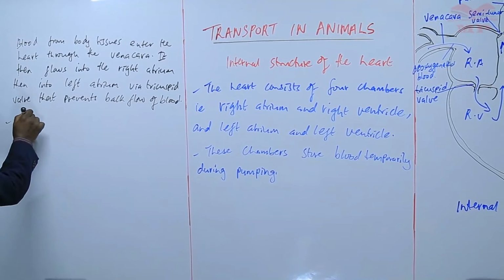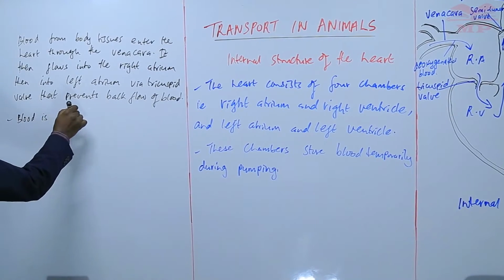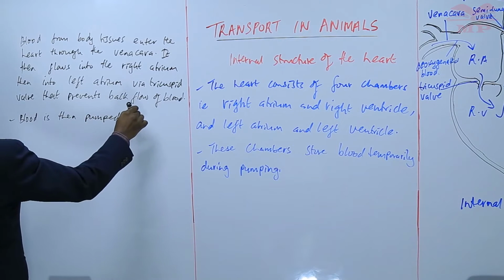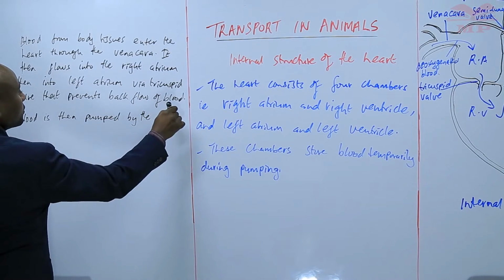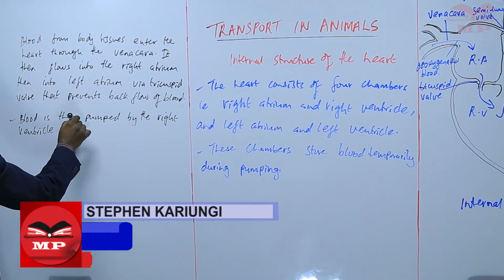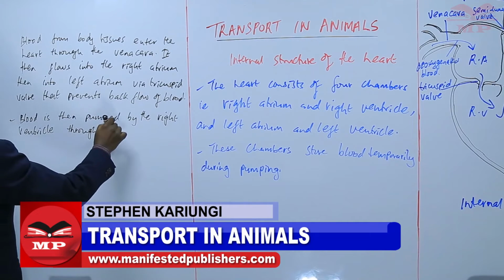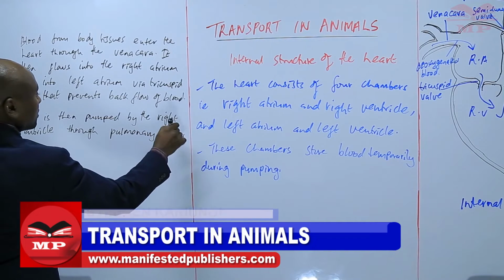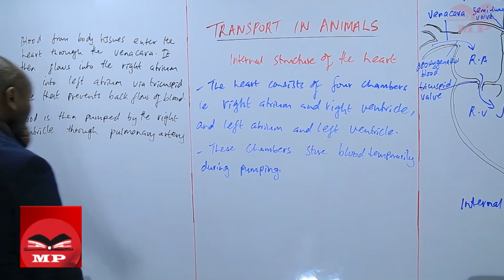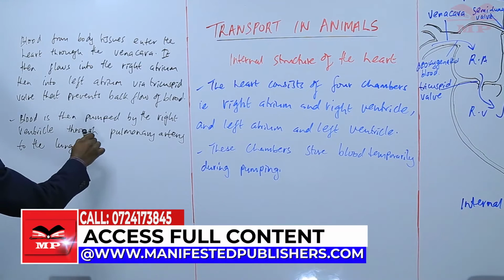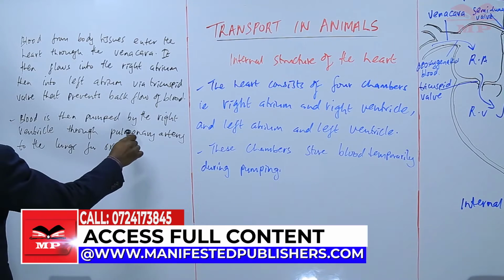Blood is then pumped by the right ventricle through the pulmonary artery to the lungs for oxygenation.